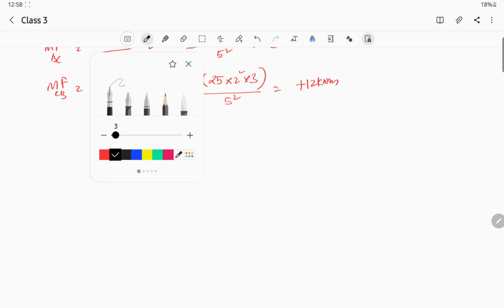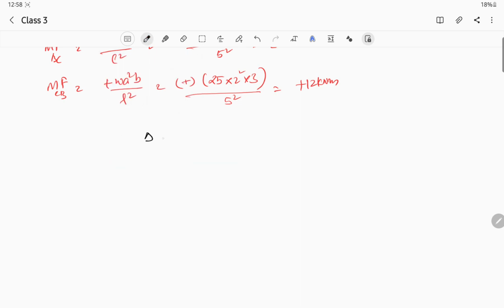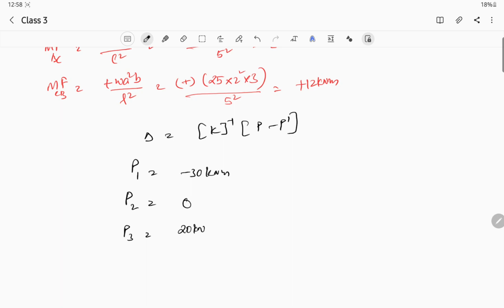Once you do the calculation part, we'll move to the final simplification, that is delta is equal to inverse of stiffness matrix into P minus P dash. In this case we have P1, P2, P3. P1 is equal to minus 30 kilonewton meter, P2 is 0 and P3 is 20 kilonewton meter.